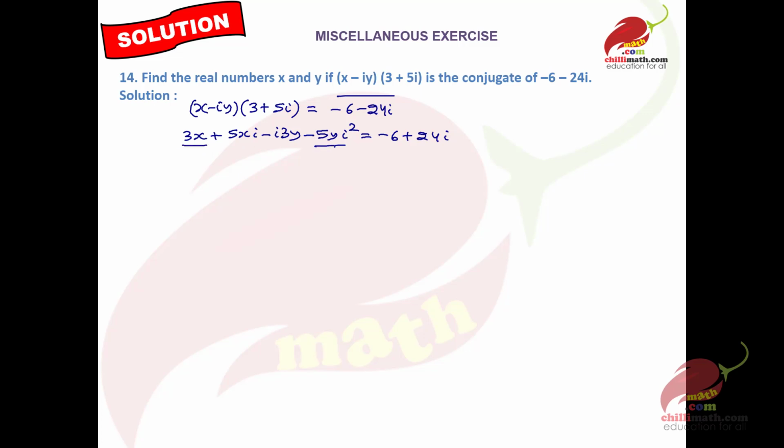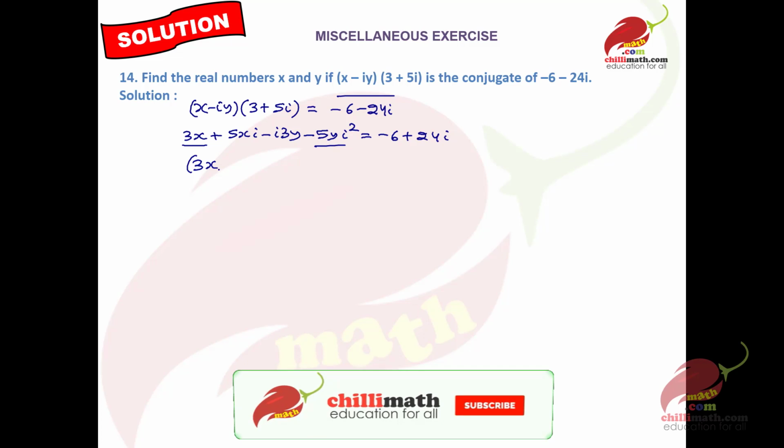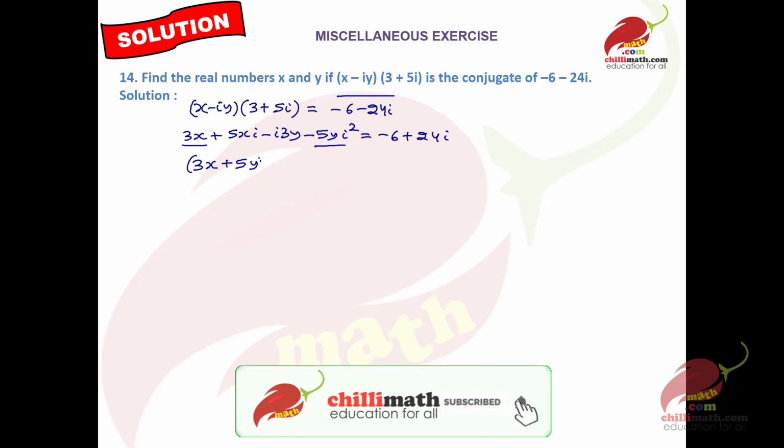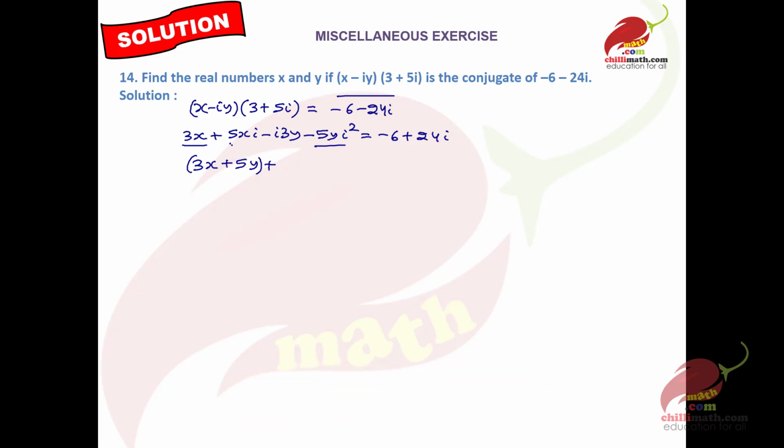i² is −1, so we write this separately. 3x, minus into minus plus, so it will be plus 5y. Taking i common from this, we get (5x − 3y)i equal to −6 + 24i.